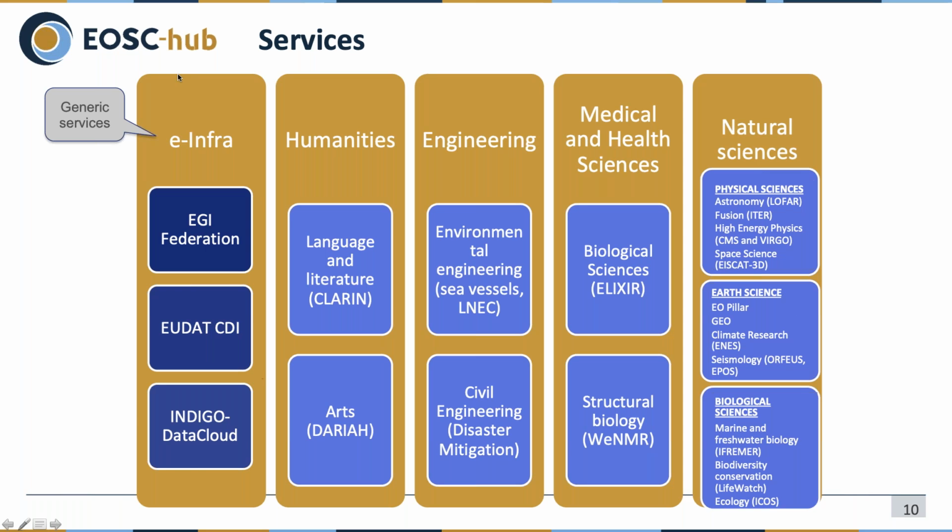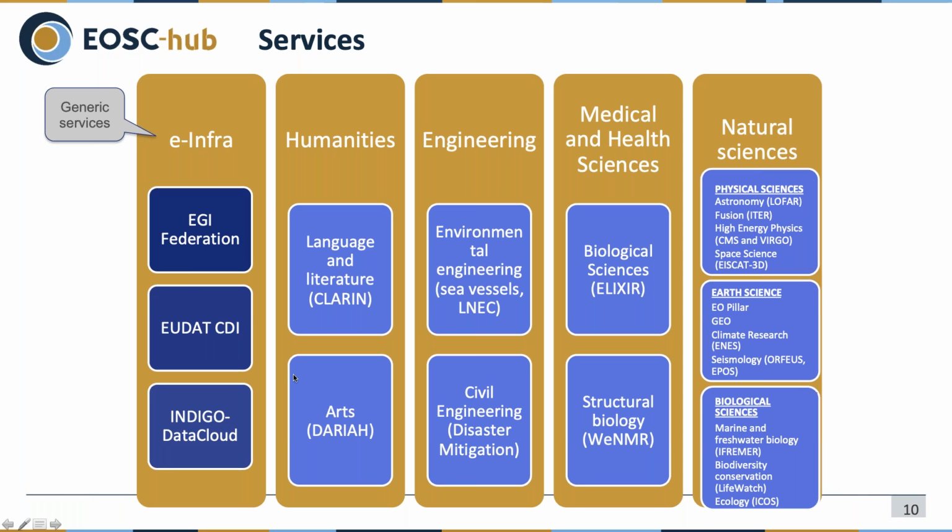While the generic services are provided by e-infrastructures, the science discipline specific services are more provided by research communities, research infrastructures, and specific institutes from within disciplinary science that are tasked to operate IT services for that discipline.